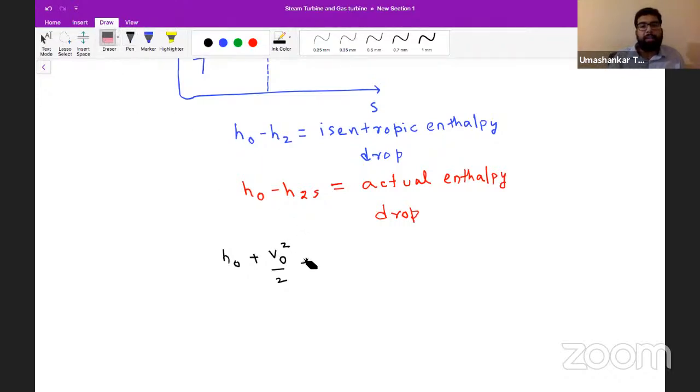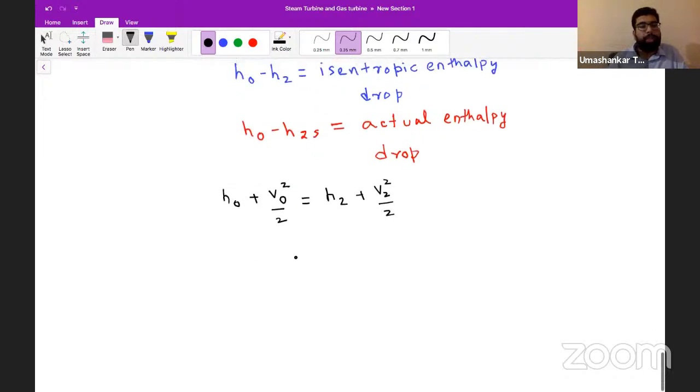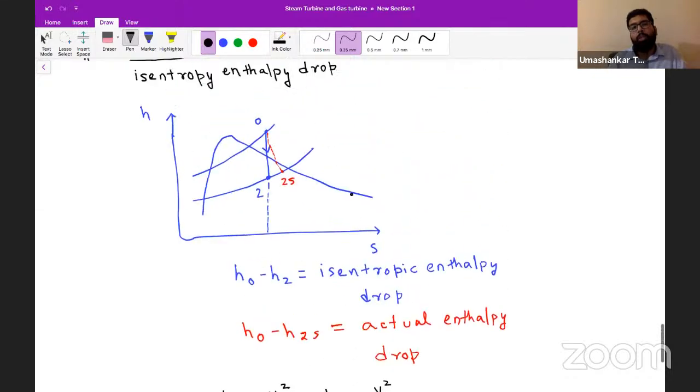I am applying the steady flow energy equation as we do in general or classical thermodynamics. So we can write H naught minus H2 is equal to V2 square by 2 minus V naught square by 2. Yes or no?